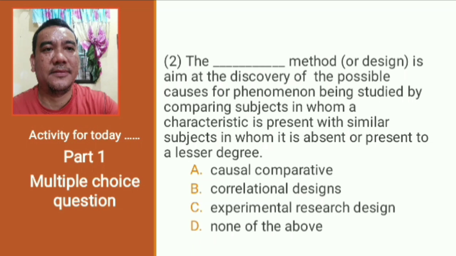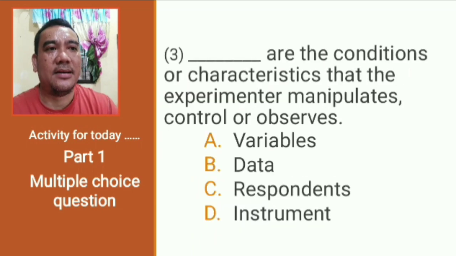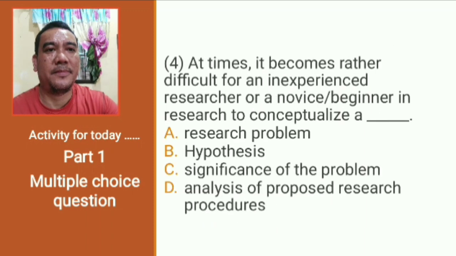Number 3. Blank are the conditions or characteristics that the experimenter manipulates, controls, or observes. A. Variables. B. Data. C. Respondents, or letter D, instrument. Question number 4.